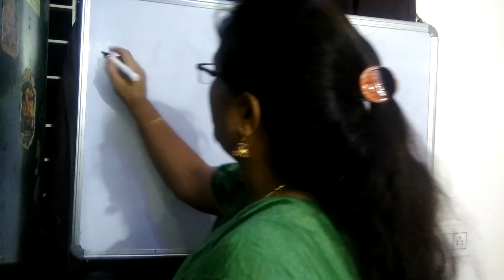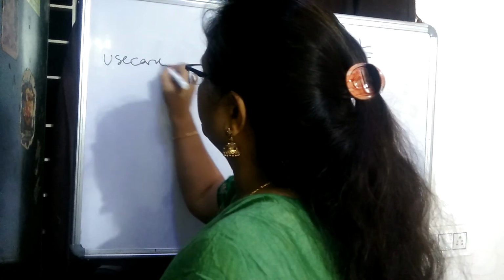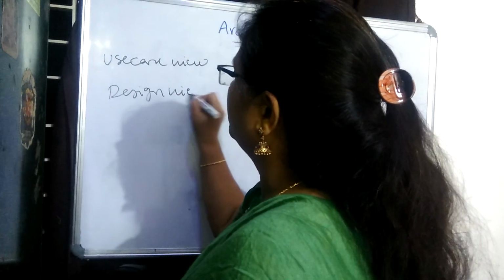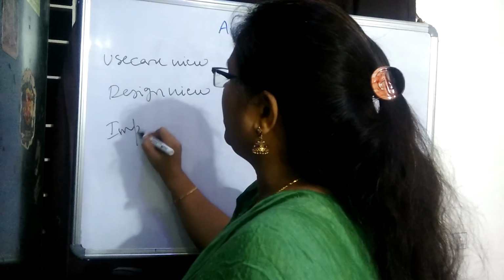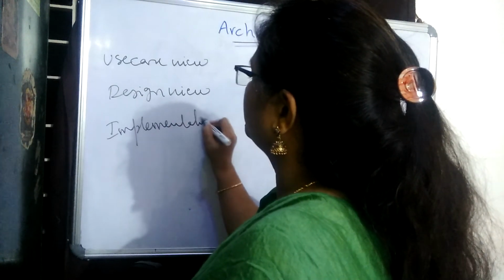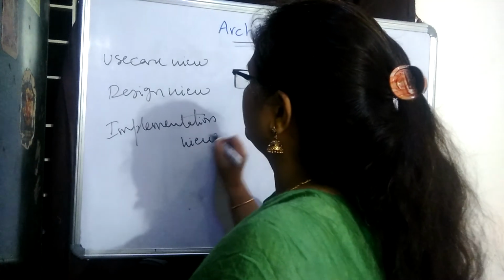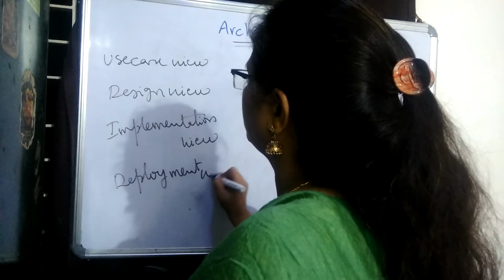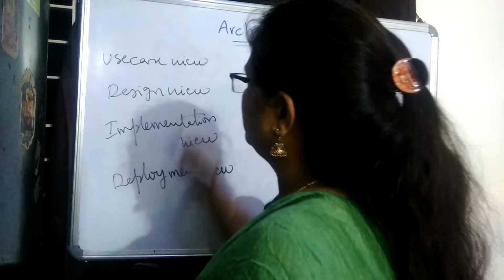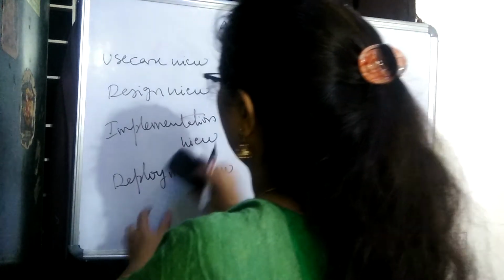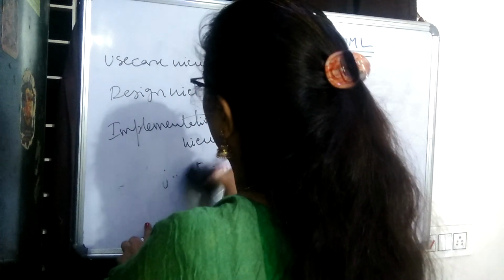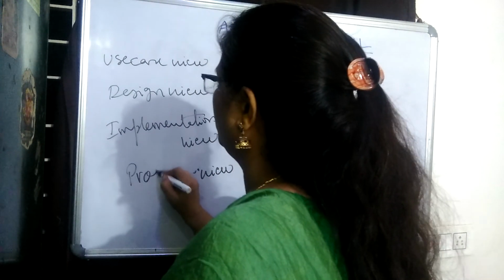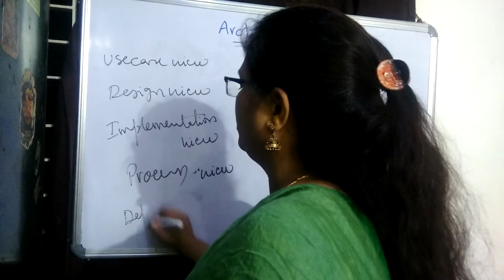First of all, I would like to write the use case view, and the second one is the design view, and the third one is the implementation view, and then the process view, and finally the deployment view.